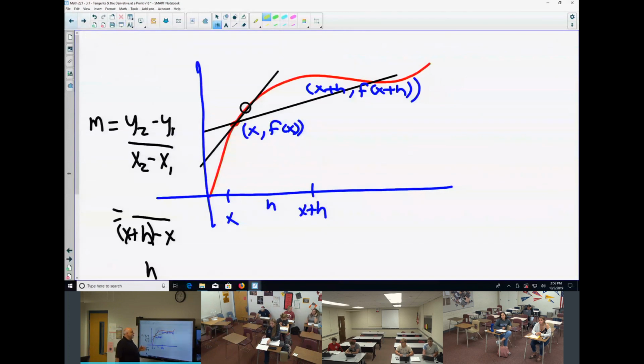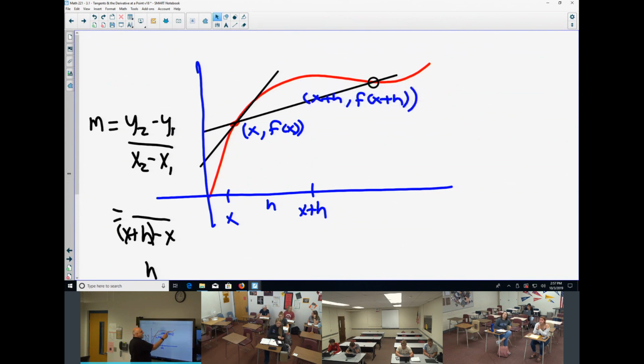Now remember when we talked about average velocity versus instantaneous velocity, we said that the idea of this limit is that we started off with the secant slope, where we're finding the slope of 2 points, but then we're taking the limit as this point gets closer and closer.